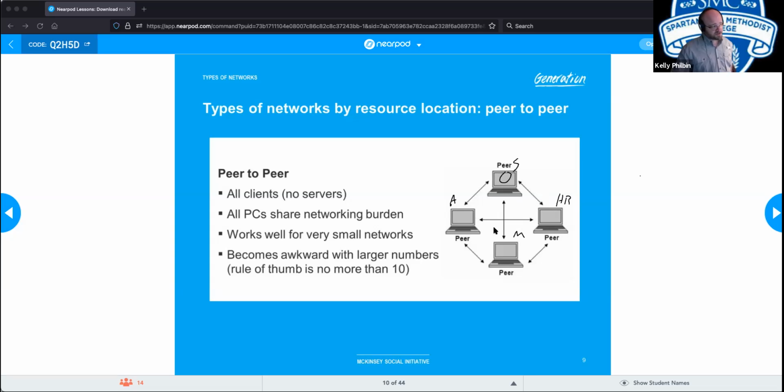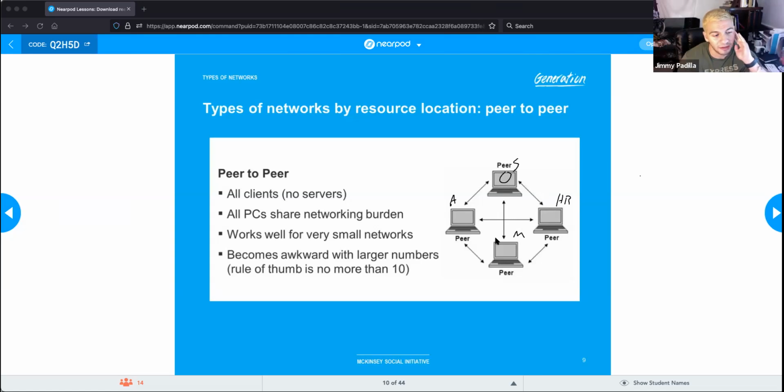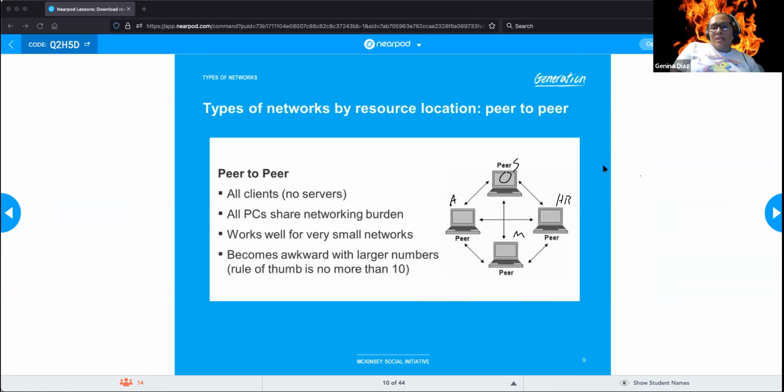So these are interconnected. Would this be wired or wireless? It could be either. Okay. It has nothing to do with the physical connections. It has everything to do with just how they're sharing resources. Okay. But could they clash, like trying to send information at the same exact time?